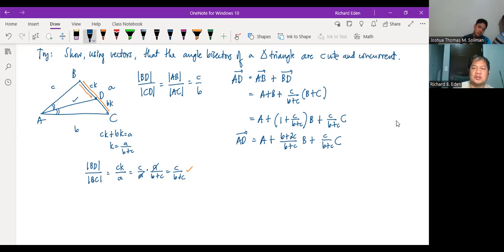I was hoping for symmetry. Kasi kung titignan mo nung AD, parang hindi naman nag-appear nung B and C dyan eh. So I was expecting here on the right side, the way that B and C appear along with their coefficients, parang dapat balanced. But why does it appear like the coefficient of B has so much more things happening there? So that's why I feel that halimbawa kasi pwede natin gawin ganito, no? AD, we could have expressed it as AC plus CD naman.